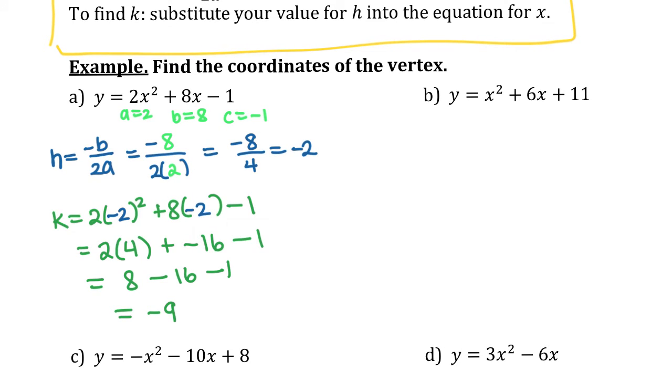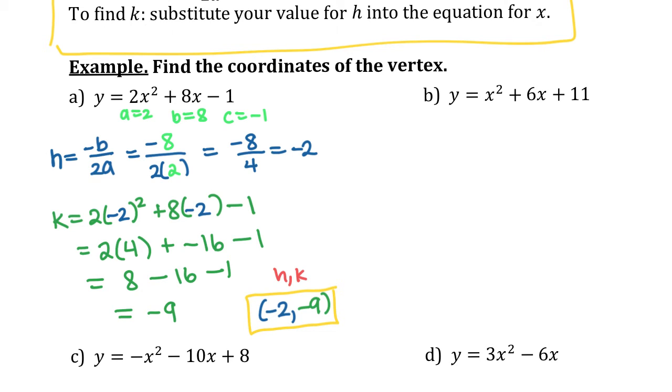That means my vertex is going to be h comma k. For h, I got negative 2. For k, I got negative 9. So this is going to be negative 2 comma negative 9. We're not going to graph it today. We're just going to practice finding the vertex. But that's the whole process.